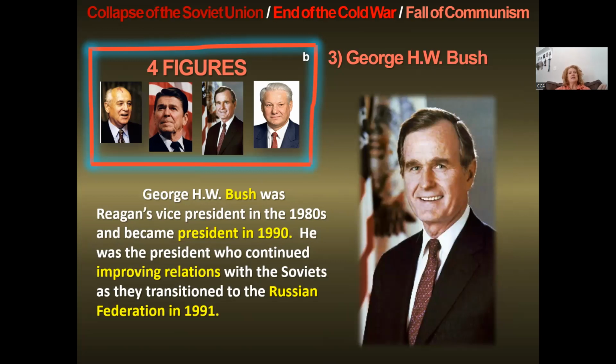They had to completely rebuild their government, their whole infrastructure, and their whole economy. That took a lot of assistance from the countries of the West. Basically, this began on a large scale during the presidency of George H.W. Bush.